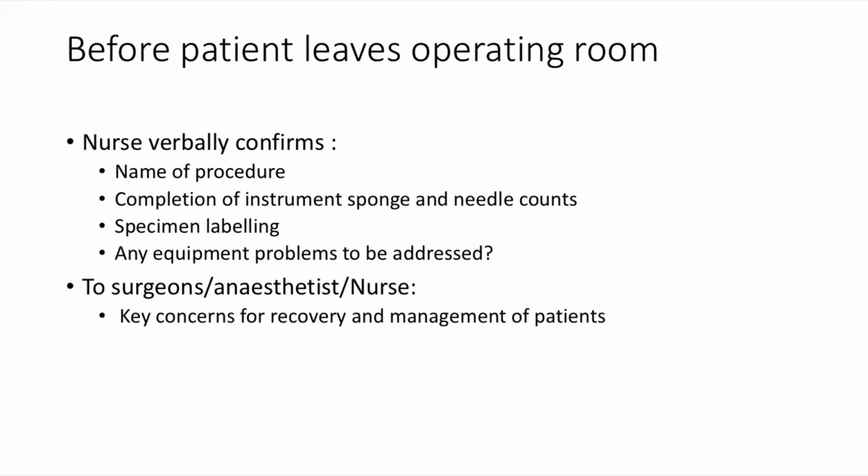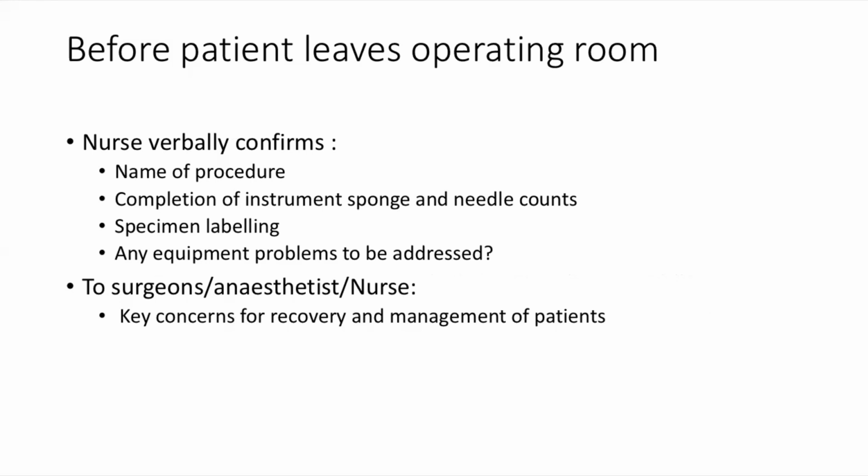Before the patient leaves the operating room, the nurse or doctor confirms the procedure performed: we have removed his gallbladder, or we have performed this cesarean section and also done tubectomy. Then completion of instrument, sponge, and needle count.